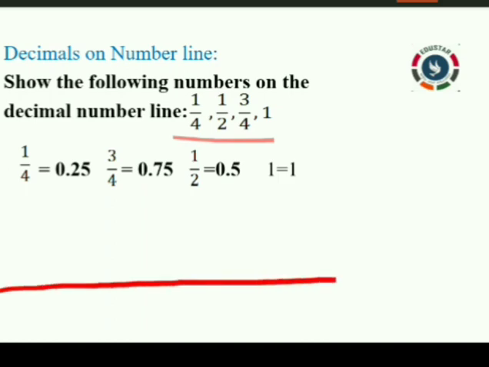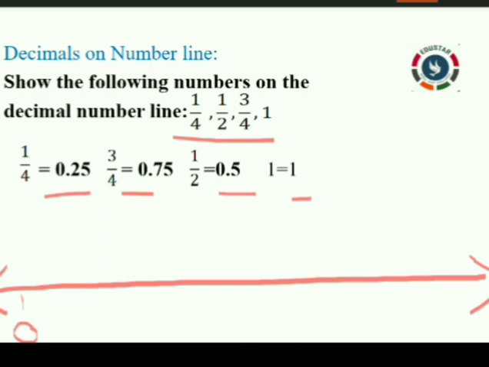First, we have to draw one line with the use of scale and pencil. Then you have to mark 0 first. Check the decimals 0.25, 0.75 and 0.5 and 1, right? So these decimals lie in between 0 to 1. So you have to draw number line from 0 to 1.